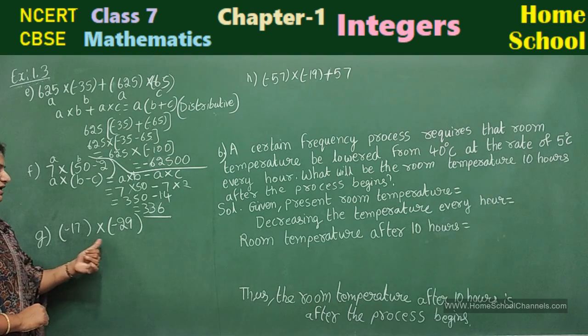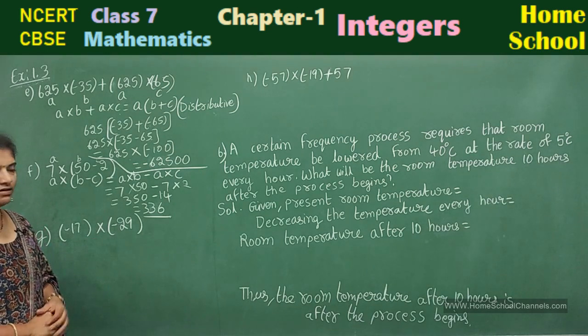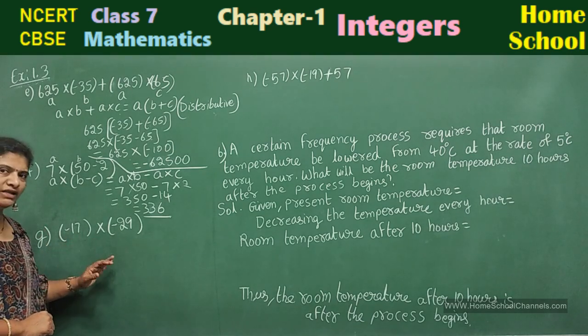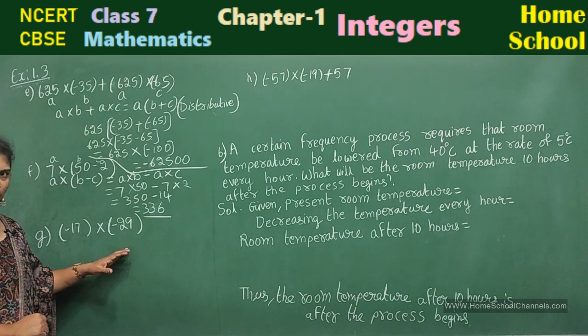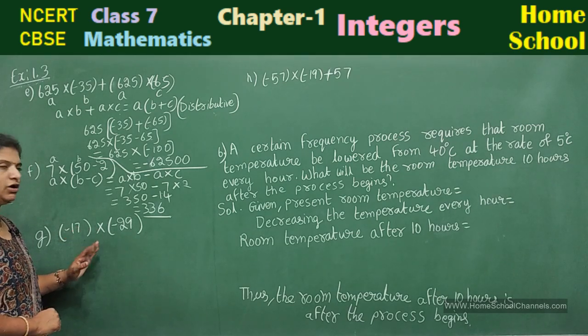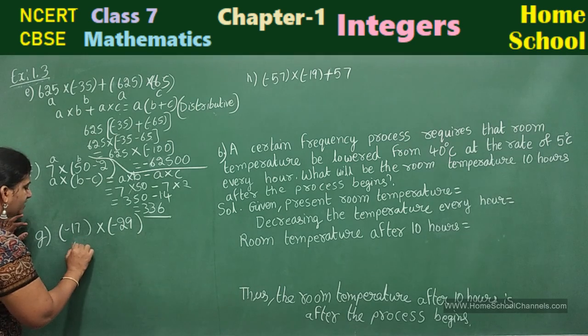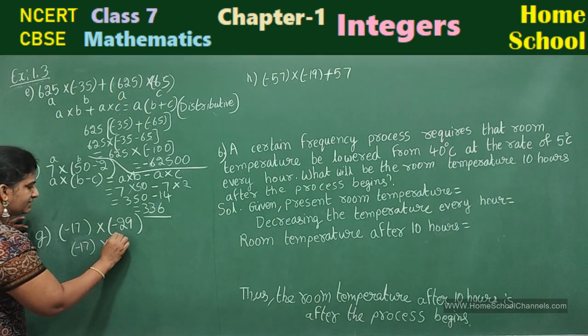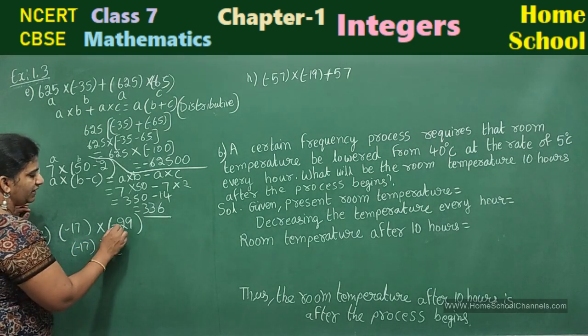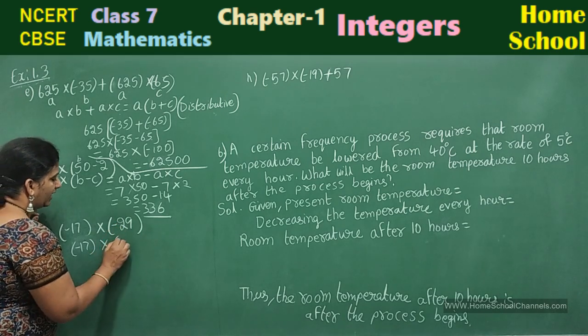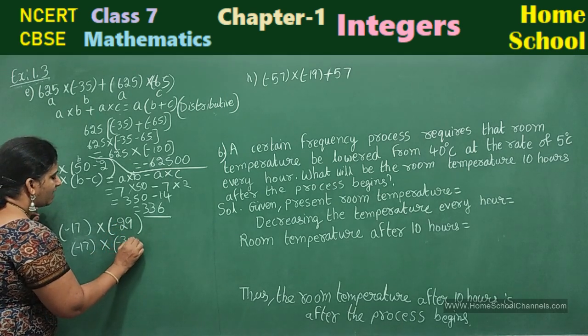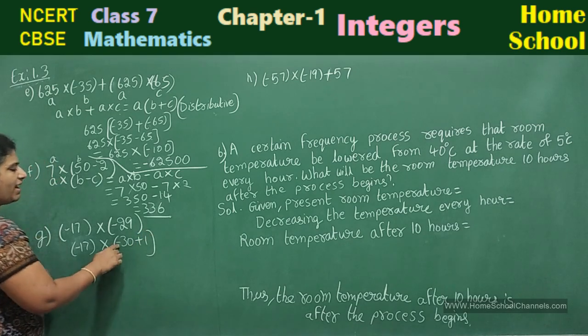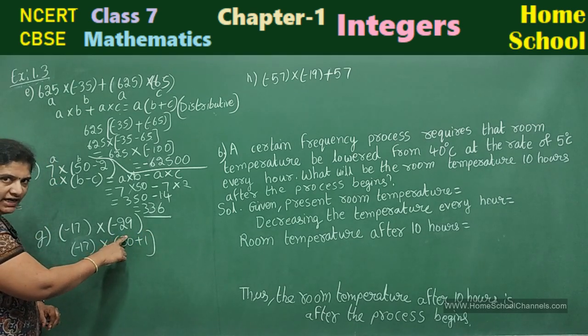G, minus 17 into minus 29. So this one you can find the product by using commutative or distributive. Let me go with the distributive. That means minus 17 as it is. This one let us split. Minus 29, to get this, I take it as minus 30 plus 1. Minus 30 plus 1 is minus 29 now.